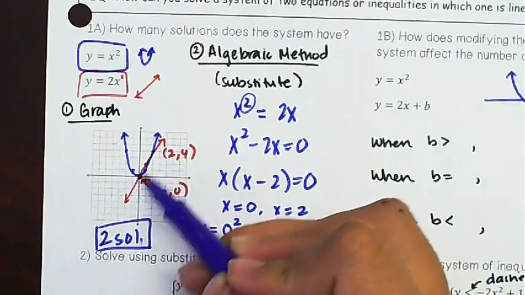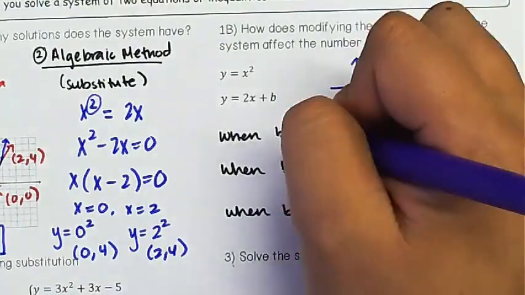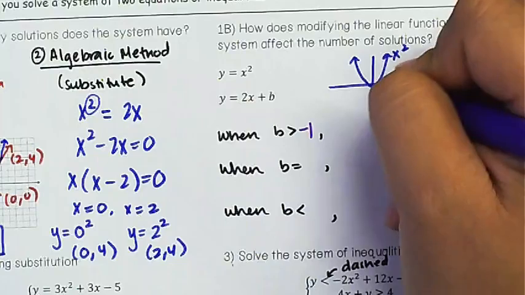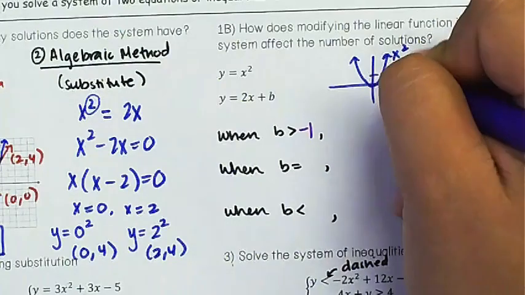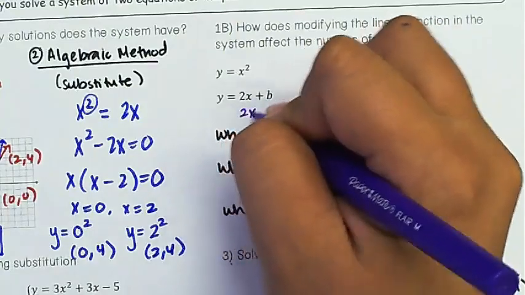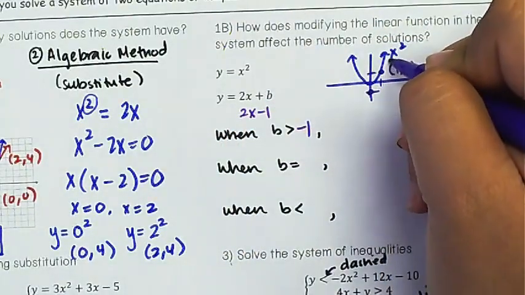It'll only intersect once. And if you move it down lower than 1, then it won't touch at all. So if you play with it, just do it. But if you shift 2x down 1, remember this is like 1, 1. And if I think of this as being 2x minus 1, like this.